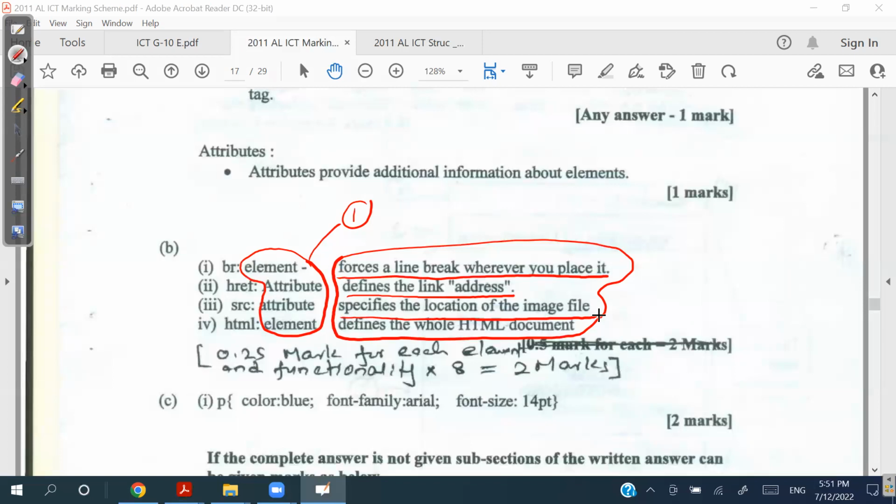It defines the whole html document. So 0.25 into 4 for this, and this also goes like that. Right, so somehow it takes 2 marks out of 15.